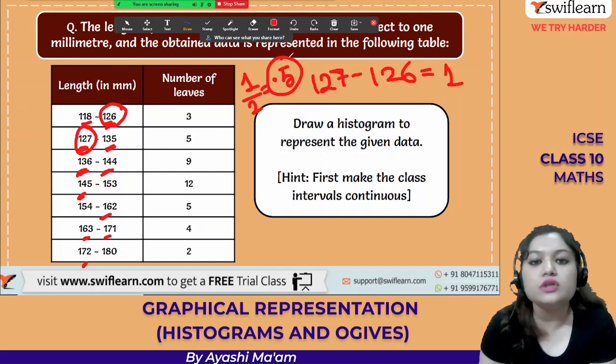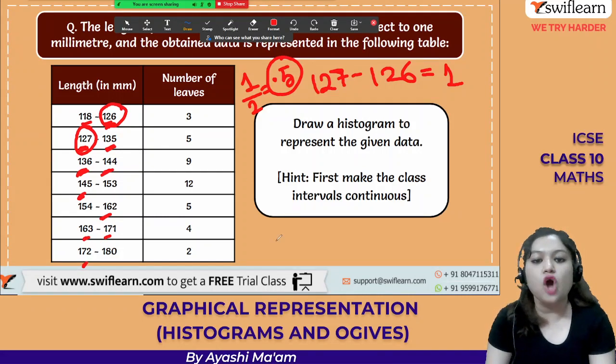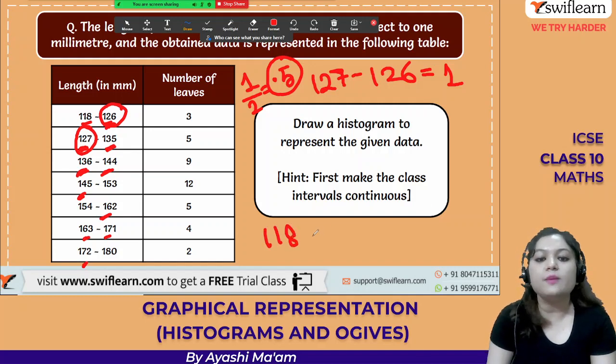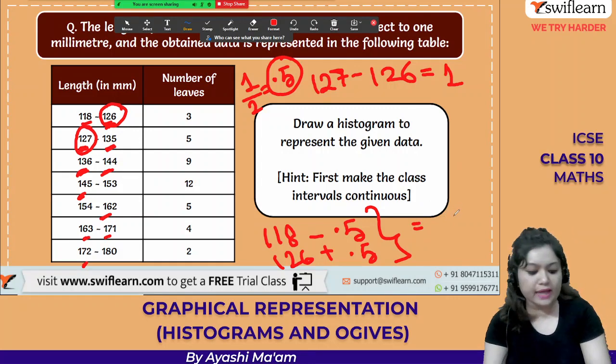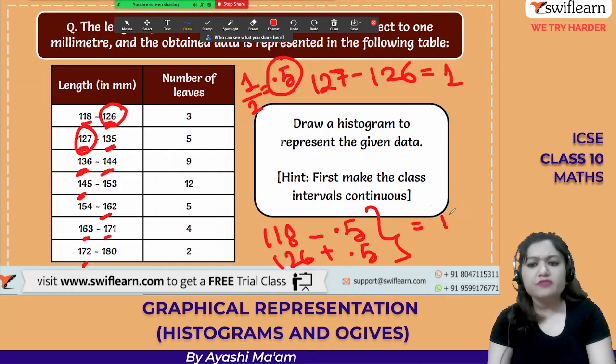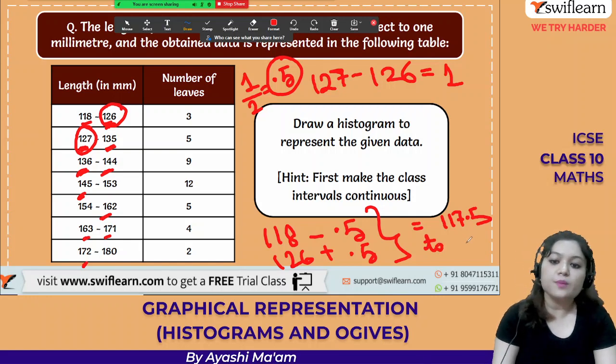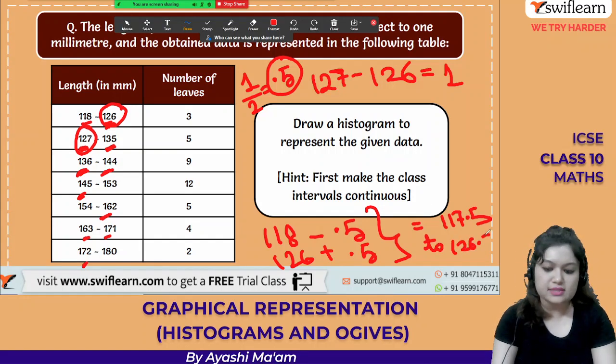Now what you will do, take this 0.5 and from the lower limit simply subtract this, and to the upper limit, that is to the 126, simply add this 0.5. Then what will happen? Here you will get 118 minus 0.5, that means 117.5, to 126 plus 0.5, that means 126.5.